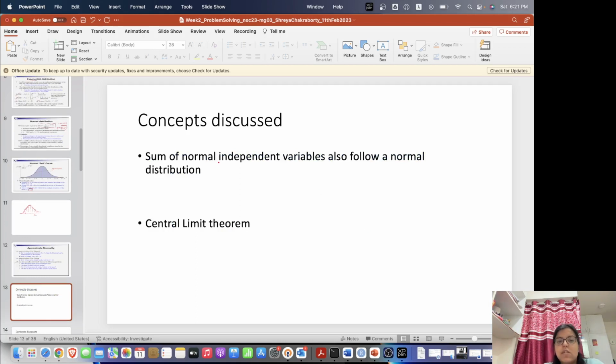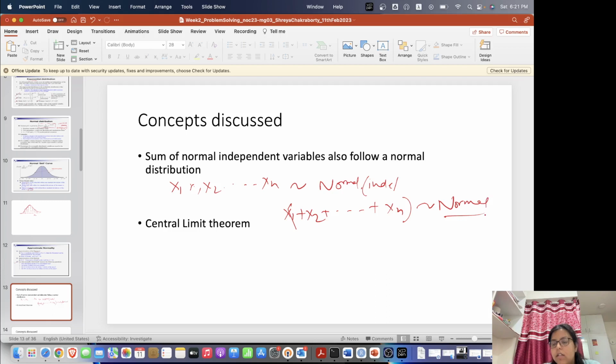Also, what was discussed was that if x1, x2, xn independently follow a normal distribution, then the summation would also follow a normal distribution. This concept was briefly touched upon, and then the central limit theorem was also stated.